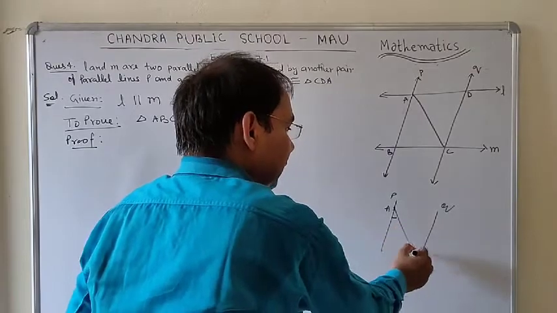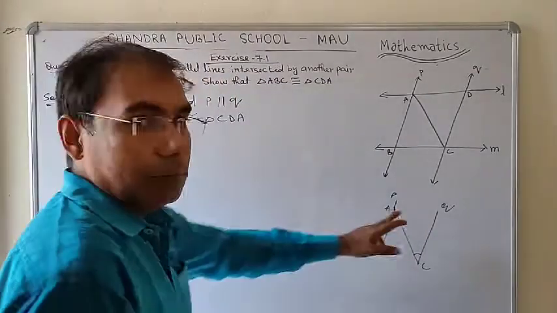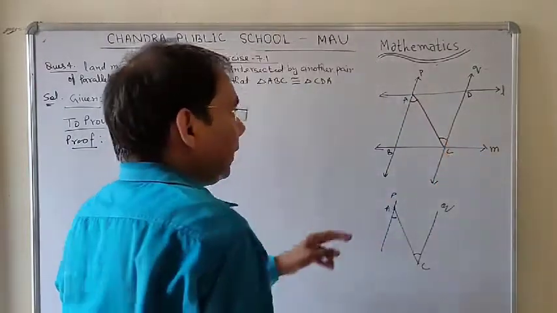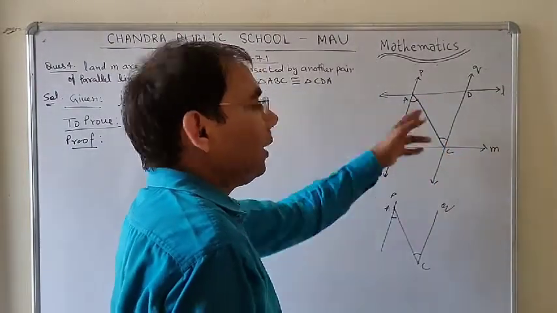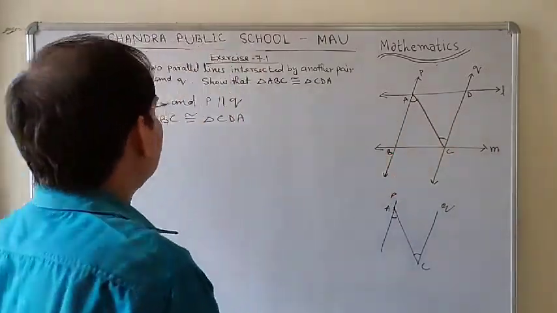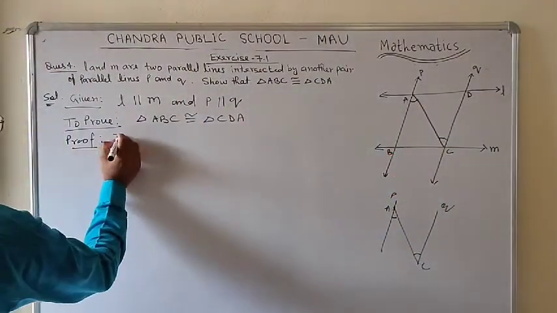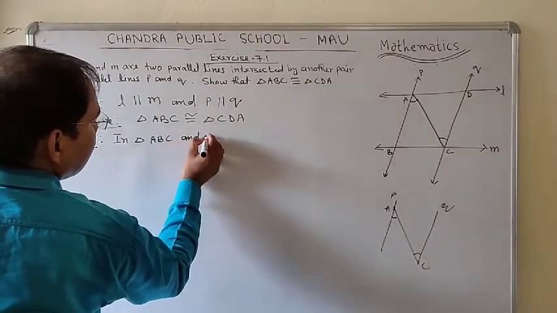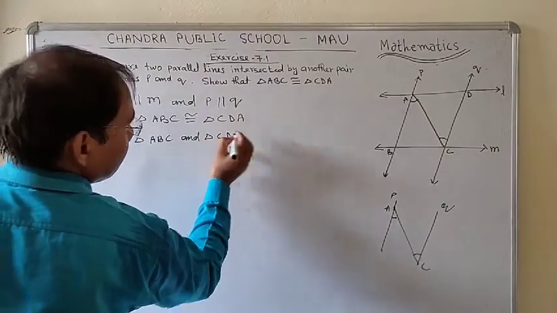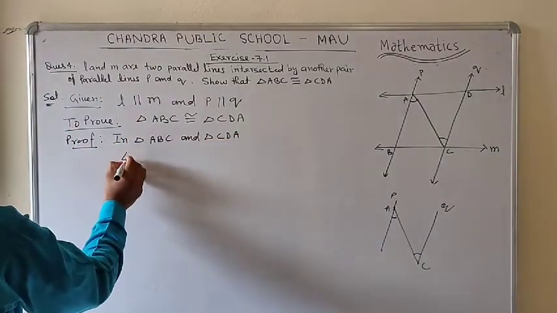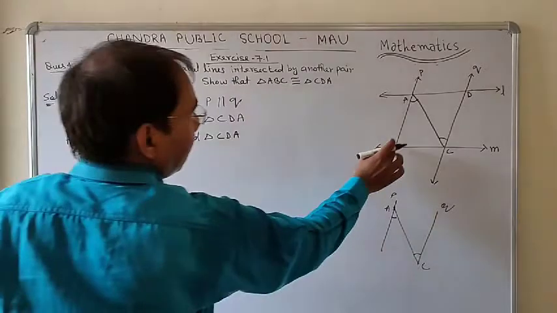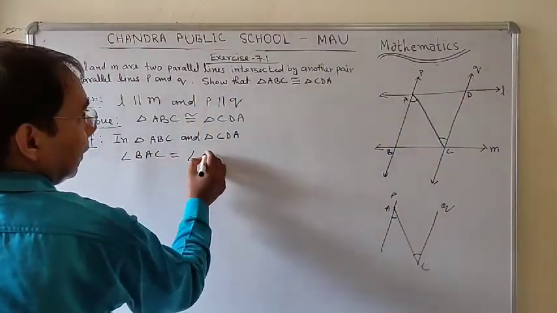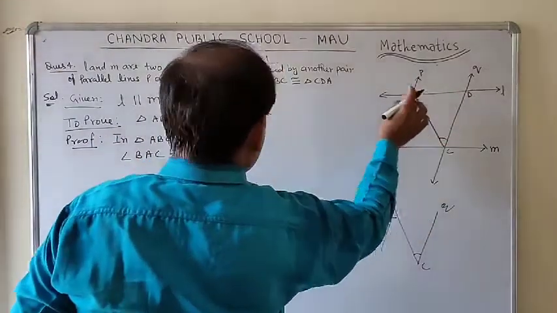So these two angles are called alternate interior angles. So both the angles are equal. It means these two angles are equal. Reason is that P is parallel to Q, so alternate interior angles are equal. So here you will write in triangle ABC and triangle CDA, angle BAC equals angle DCA.